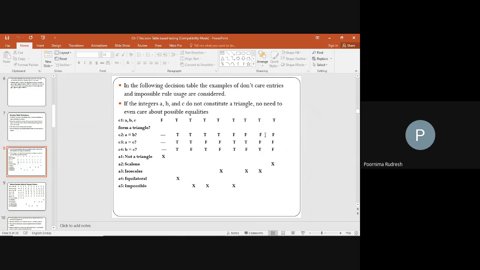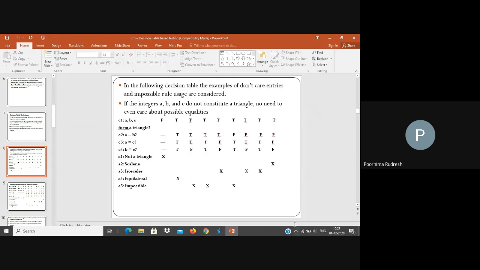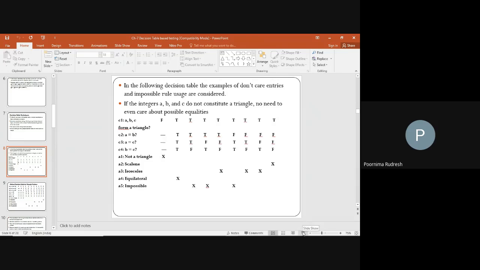So here we are considering the values of A, B, C. By considering the ABC values, can we form the triangle or not? After that, if we form the triangle, then by considering the ABC values, we are going to identify what type of triangle it is, right?